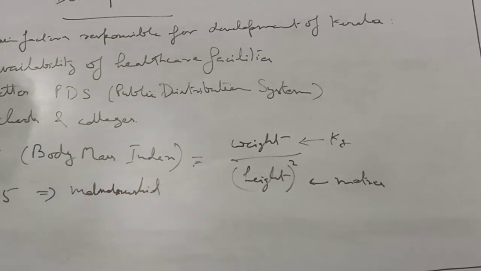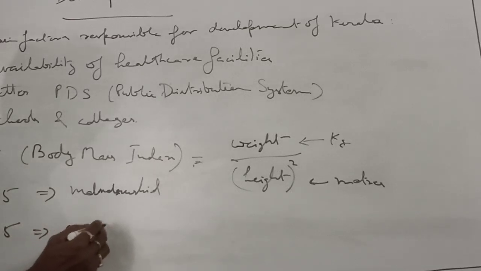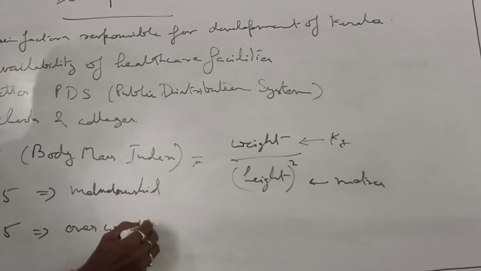Second, if the BMI is greater than 25, this implies overweight.